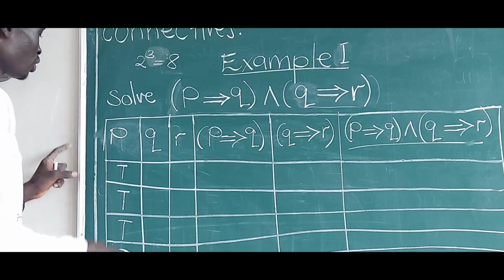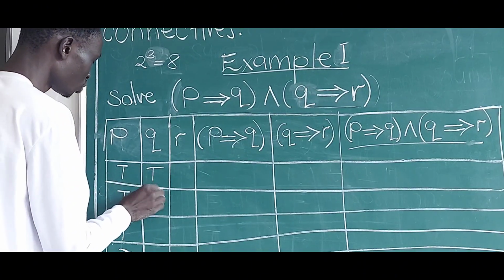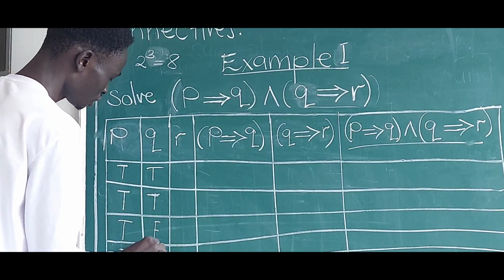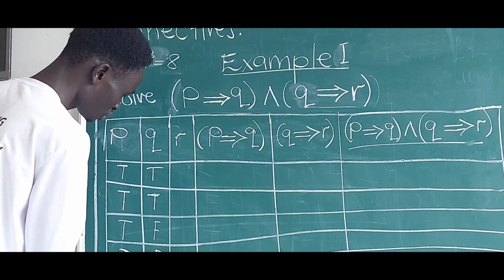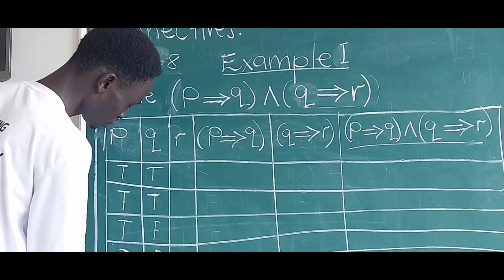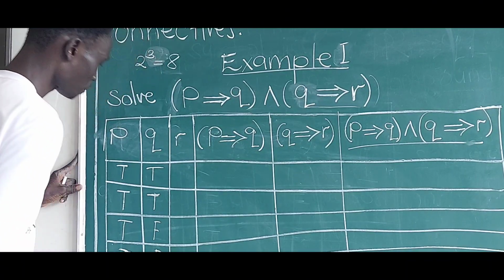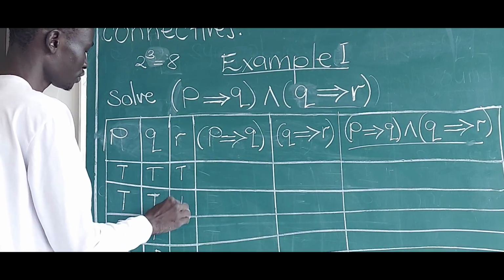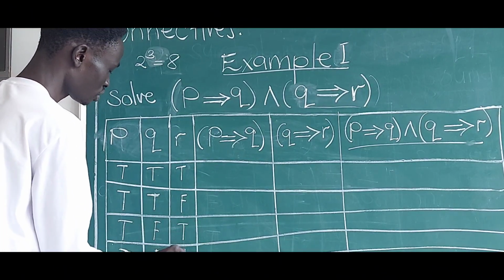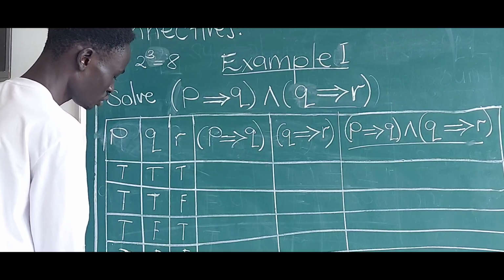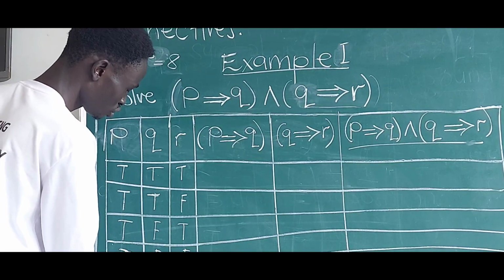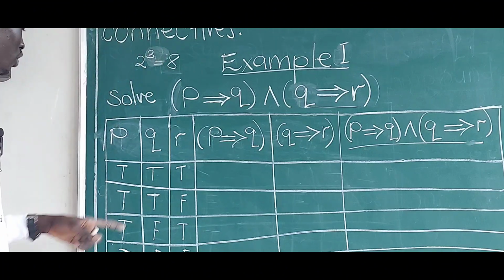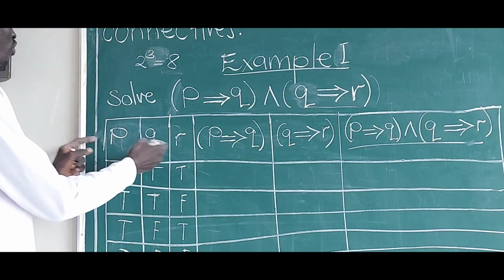For Q, we are going to have true, true, then false, false, true, true, false, false. For R, we are going to have true, false, true, false, true, false, true, then false. So now we have the values of these.